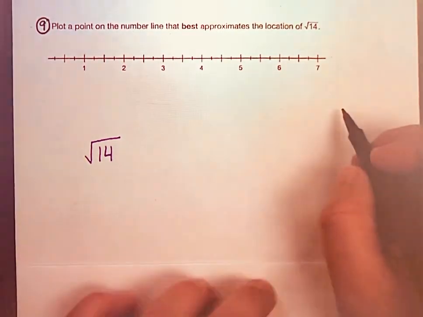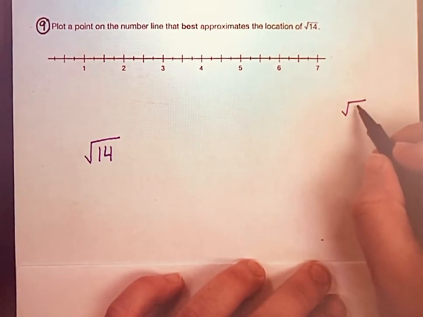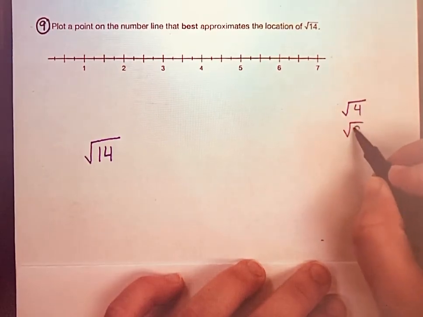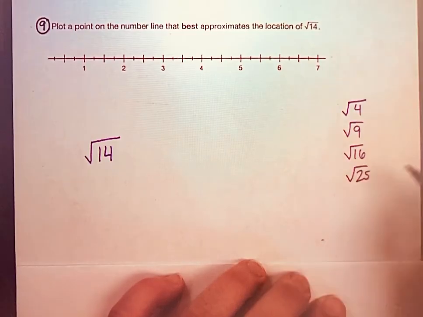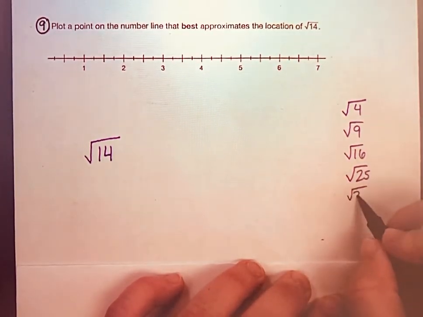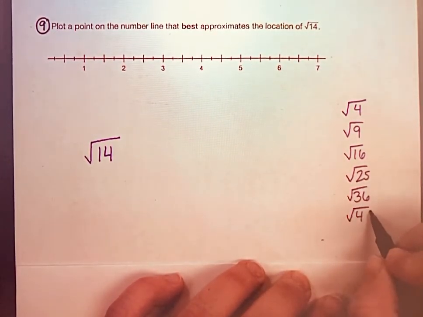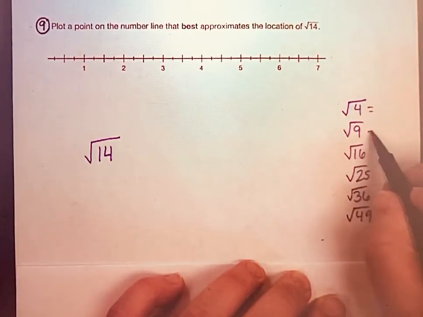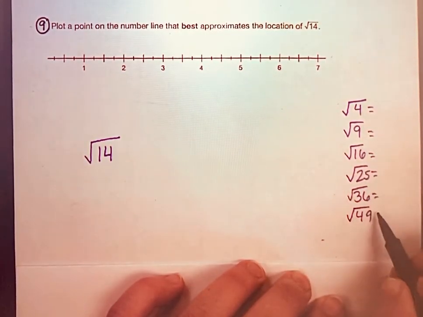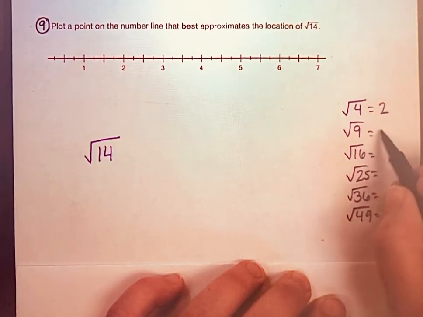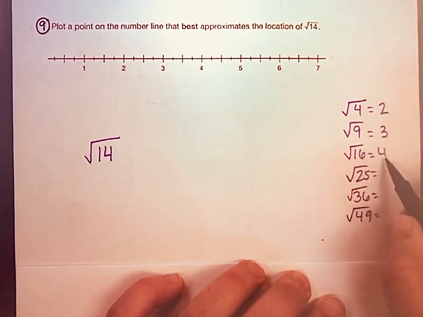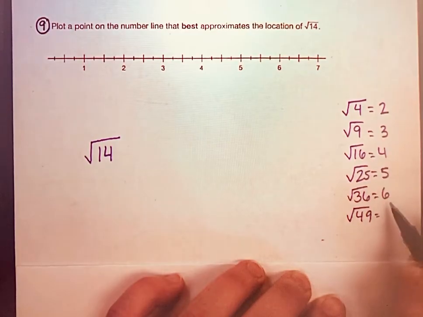We have a list of perfect square roots that you can come up with on your own. Square root 4, square root 9, square root 16, square root 25, and you can just keep on going with this. Square root 36, square root 49. Why are these perfect square roots? They're perfect square roots because the square root of 4 is 2. Square root of 9 is 3, and so on.